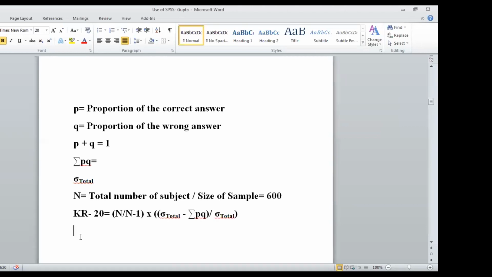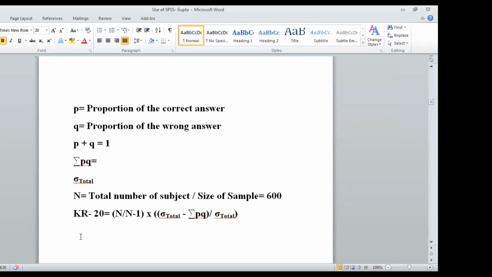Now, as Kuder-Richardson formula 20 is a special case for the test, although for studying the reliability of the test, you can use test retest, split half and parallel form, no problem. But this is another one which you can use only for the test.